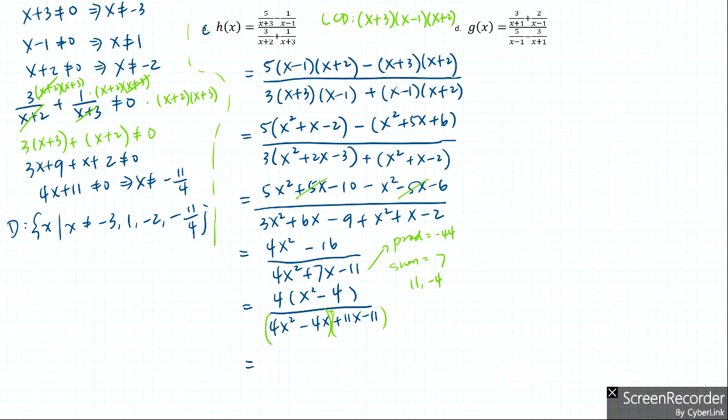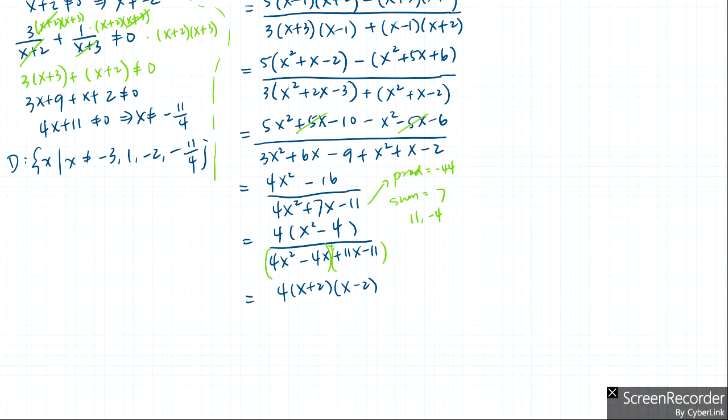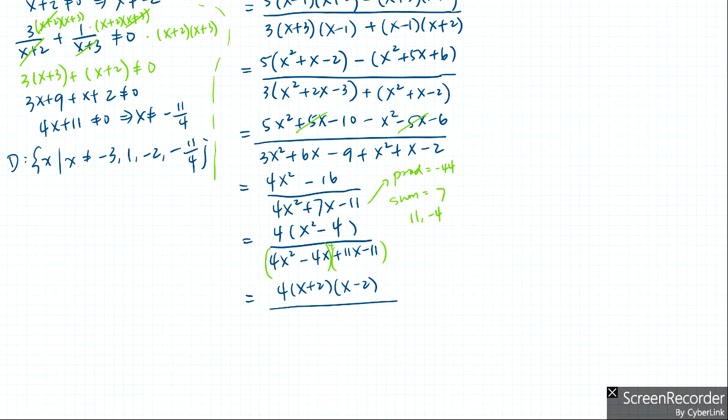Now on top, we have 4 times x plus 2, x minus 2. On the bottom, to do factor by grouping, I would get 4x as GCF first, x minus 1, plus 11 times x minus 1, and I get 4 times x plus 2, x minus 2, all over 4x plus 11 times x minus 1 over here.